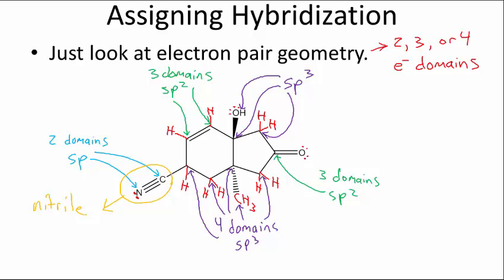But we often abbreviate it as just CN. So you've got to remember that when you see CN in a structure, it's going to have a triple bond, and it's sp hybridized. A lot of people have made that mistake on the skill checker.